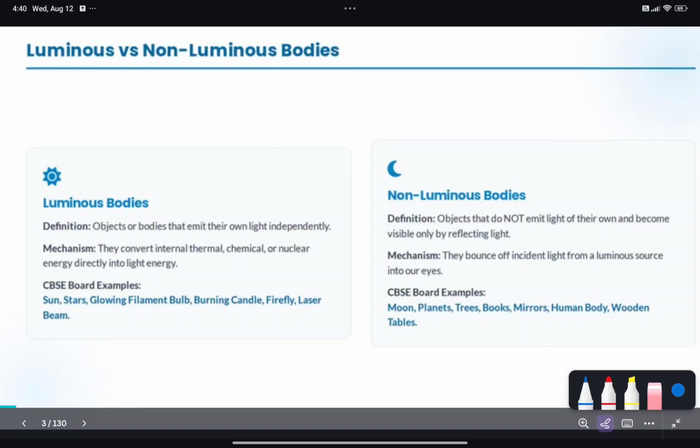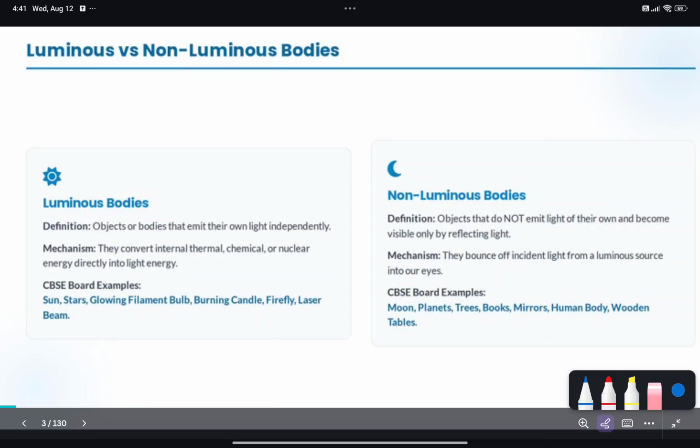Luminous bodies means objects or bodies, sometimes we call them objects or bodies, that emit their own light independently. It means those bodies never depend on anyone to get light. Yes or no? That is the reason we call them luminous bodies. Getting the point or not?